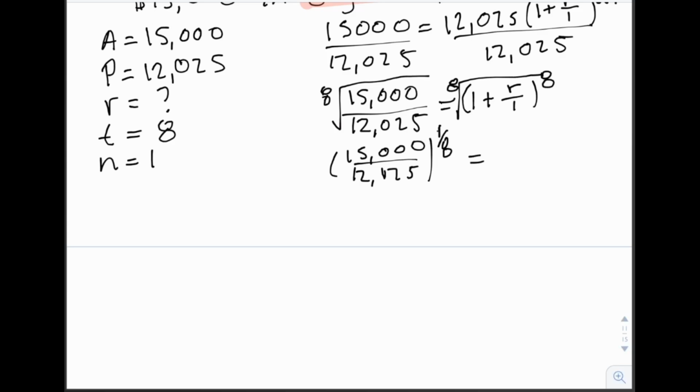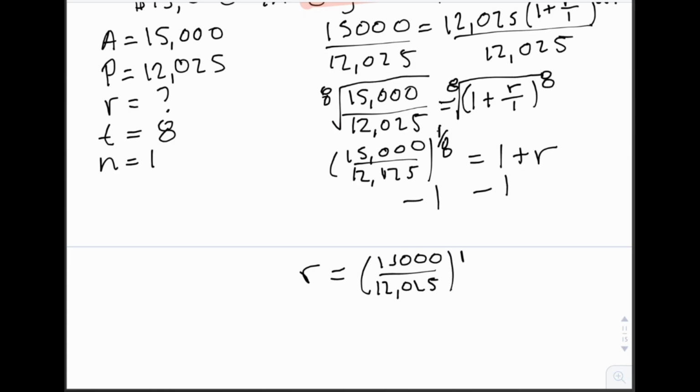So that is equal to 1 plus r. All we need to do in order to solve for r is subtract that 1 off. So r is equal to 15,000 divided by 12,025, to the 1/8 power, and then finally minus 1. That should give us an approximate rate of 0.028, or we could say 2.8% as our interest rate.